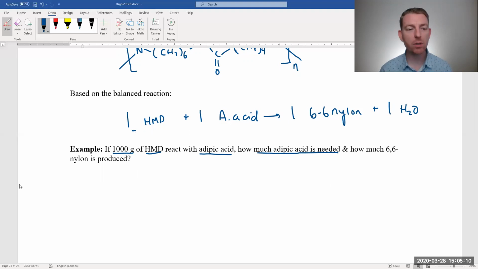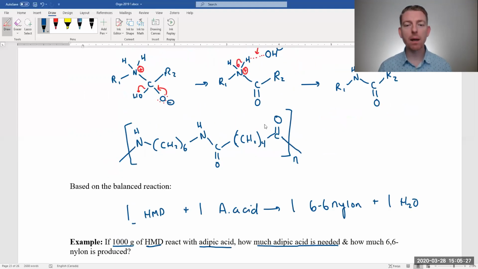Okay, and then how much nylon is produced? Well, it's going to be the same moles of that. The only kind of, not tricky bit, but maybe thing that you would want to think about is how are we going to account for the water and the molecular weight of the nylon. So you could potentially get the molecular weight of the repeating unit. That's perfectly fine. That would work for you.